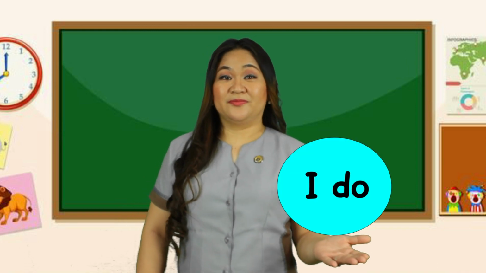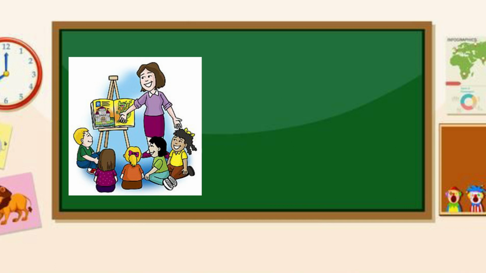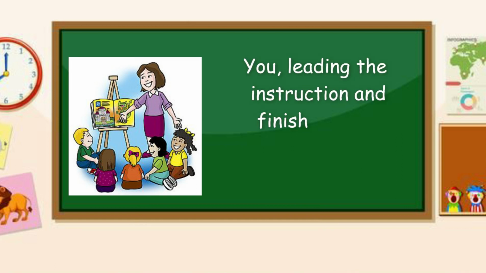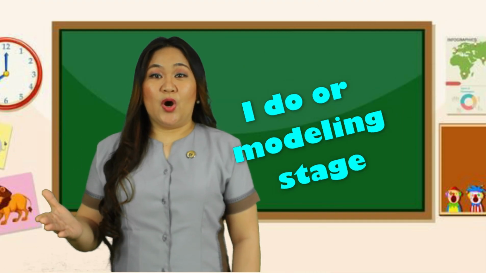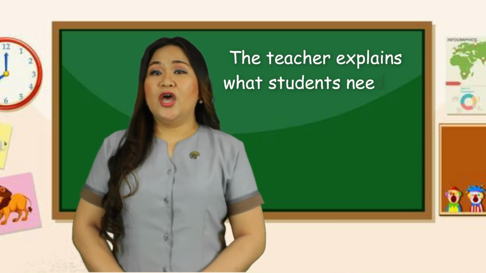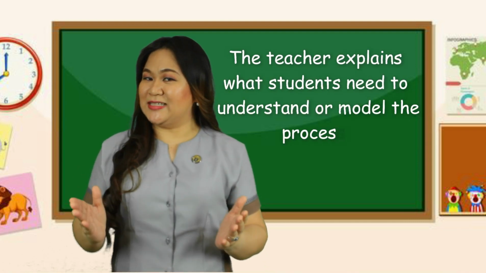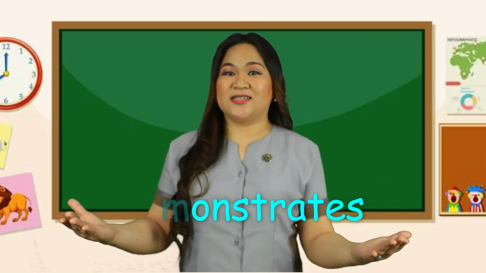The I do, we do, and you do model involves a series of steps starting with you. In the I do or modeling stage, the teacher explains what students need to understand or model the process. This process is done when the teacher explains the lesson and demonstrates how the steps or processes of their task are being done.